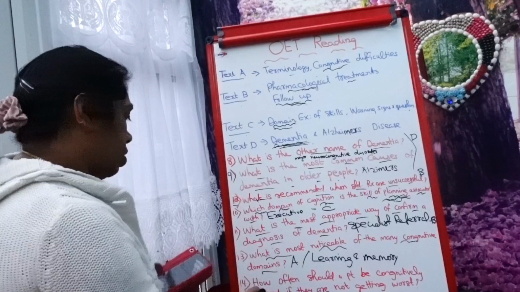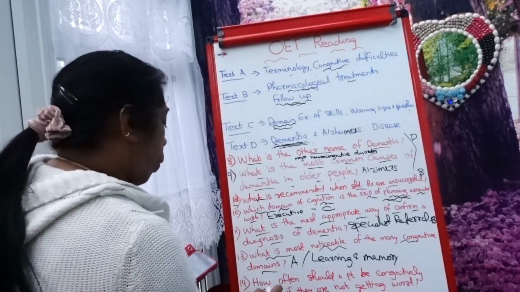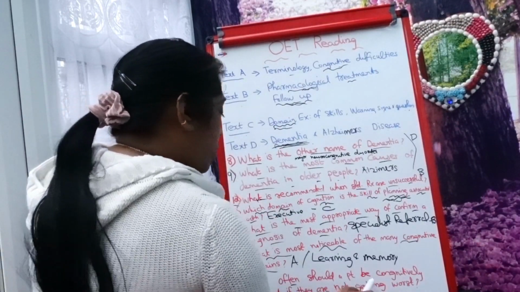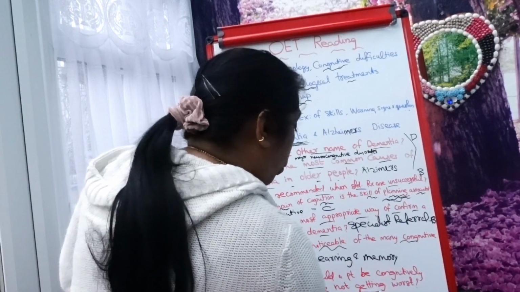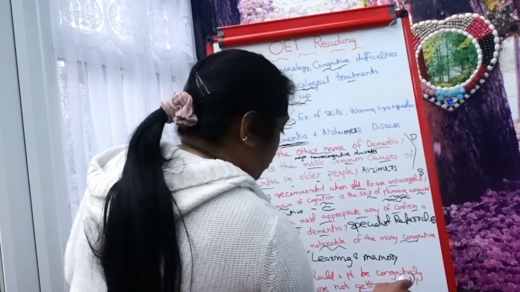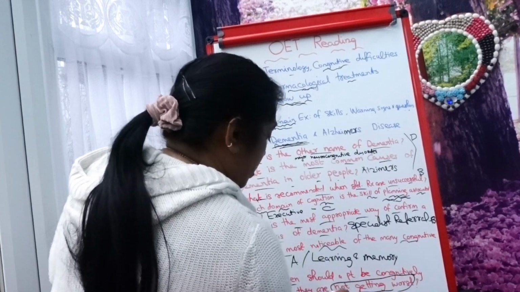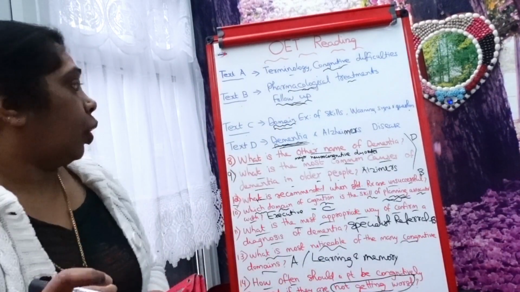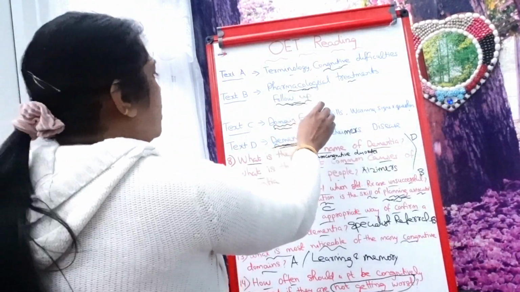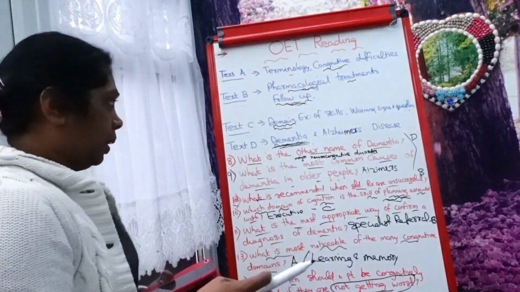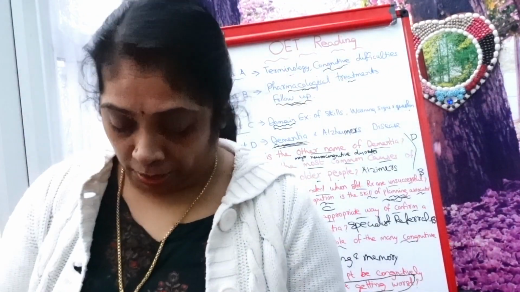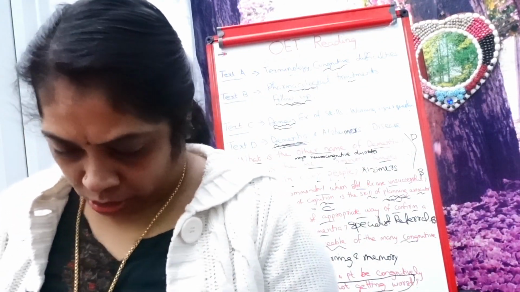So the last question: how often should a patient be cognitively screened if they are not getting worse? Hopefully it should be in B because it says pharmacological treatment and follow-up. Let's see if it is there.